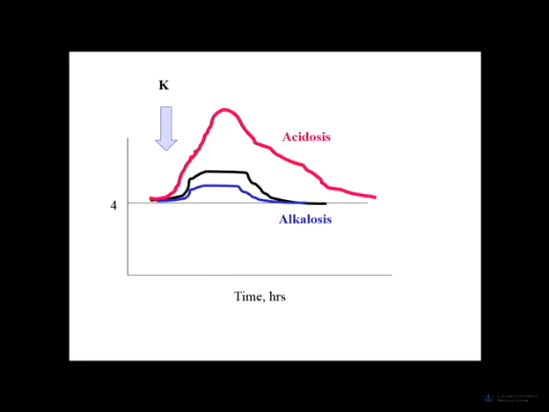So in other words, when you have acidosis, you push hydrogen ions into the cell in exchange for potassium coming out. And when you have alkalosis, it's the opposite. You push hydrogen out of the cell in exchange for potassium going in. And there is no doubt that that is what happens. How that happens, whether there is a real gene that exchanges them, I think so far people have not found it.